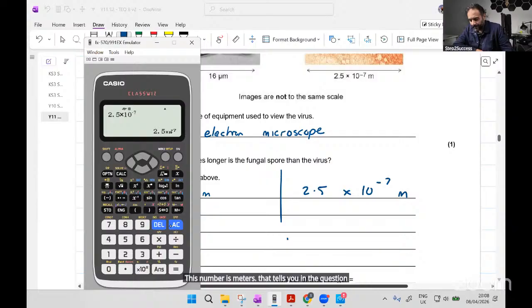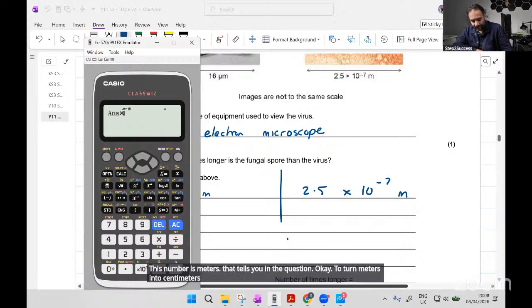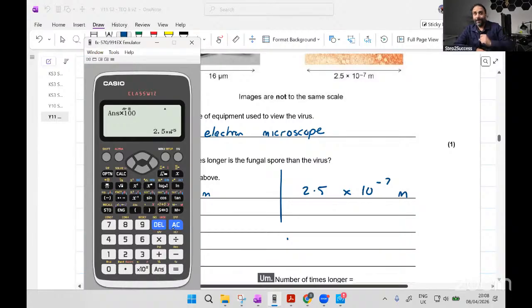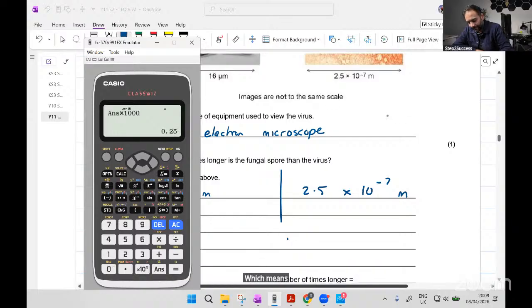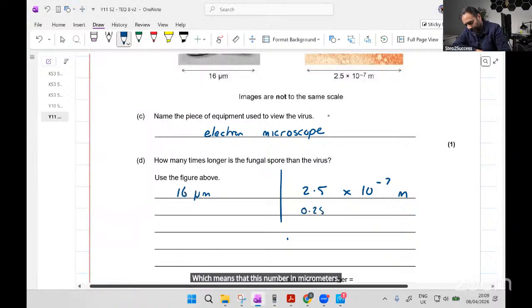Okay. To turn meters into centimeters, I times by 100 because there are 100 centimeters in a meter. To turn centimeters into millimeters, I times by 10 because there are 10 millimeters in a centimeter. And then to turn millimeters into micrometers, there are 1,000 micrometers in a millimeter, which means that this number in micrometers is 0.25 micrometers.